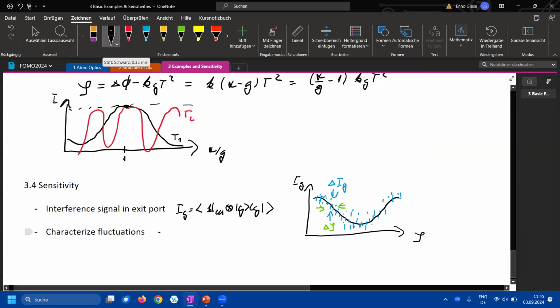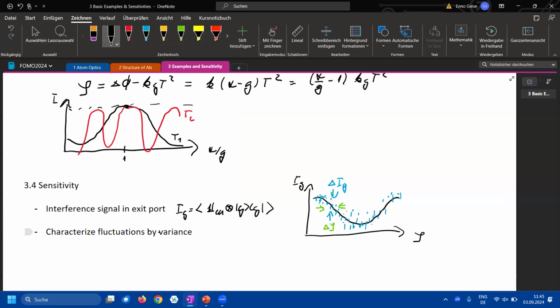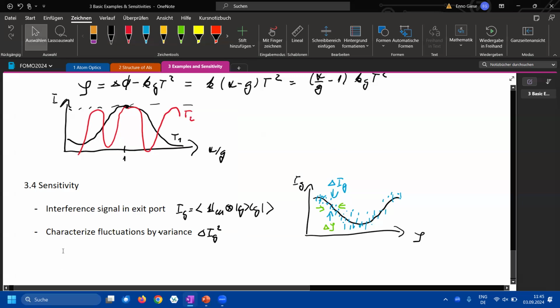And of course, let's just use the variance. So by variance, that's delta Ig squared. Okay, good. So let's just do Gaussian error propagation, something that you learned during your first lab course or before or wherever.